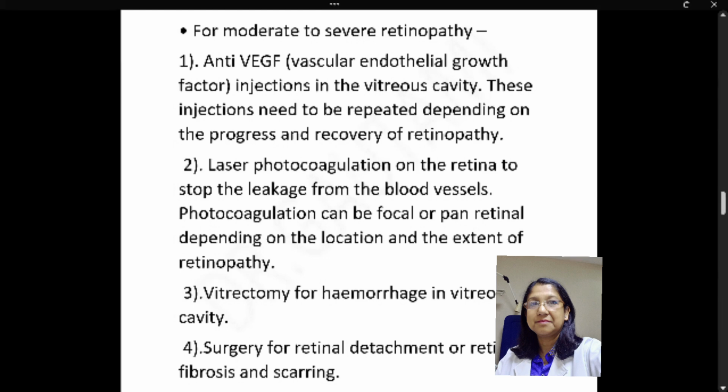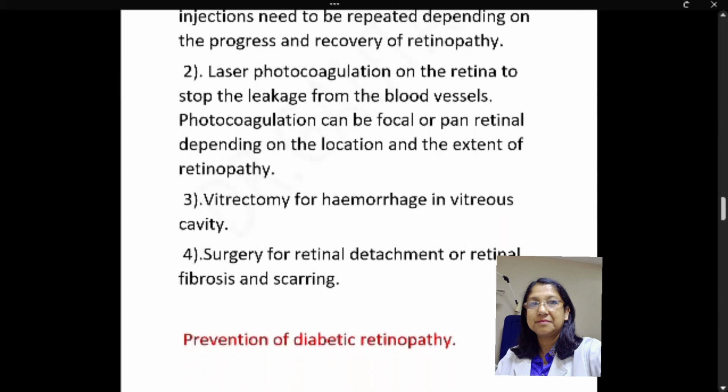Focally means at the macula, sparing the fovea. Laser spots are not put on the fovea; lasers are put around the macula, that is known as focal photocoagulation. Pan-retinal photocoagulation is done when the whole retina is involved, so the whole retina is photocoagulated. It all depends on the extent of the retinopathy.